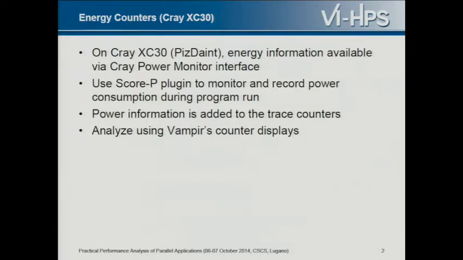And for Score-P, there's a plugin. So Score-P also has a plugin system. There's a plugin library which can be used to monitor and record this power consumption and write it into the trace or profile. As I said, the power information is added to the trace as counters and can then be analyzed using Vampir's counter display or performance radar, as with any other performance metric.